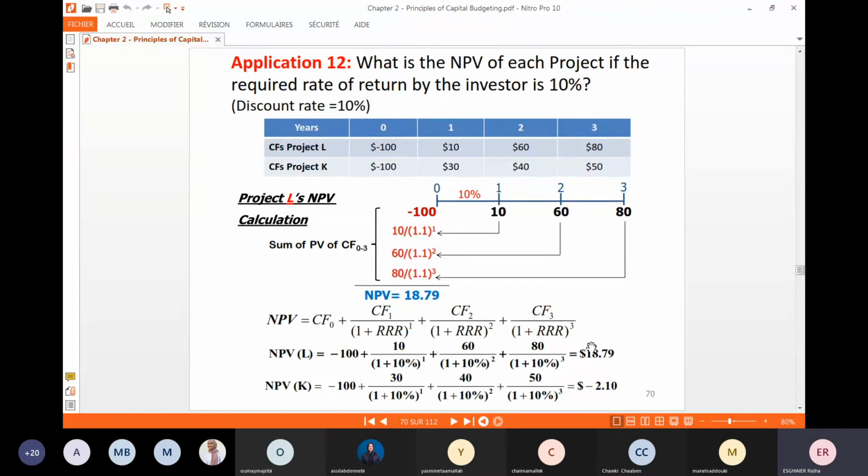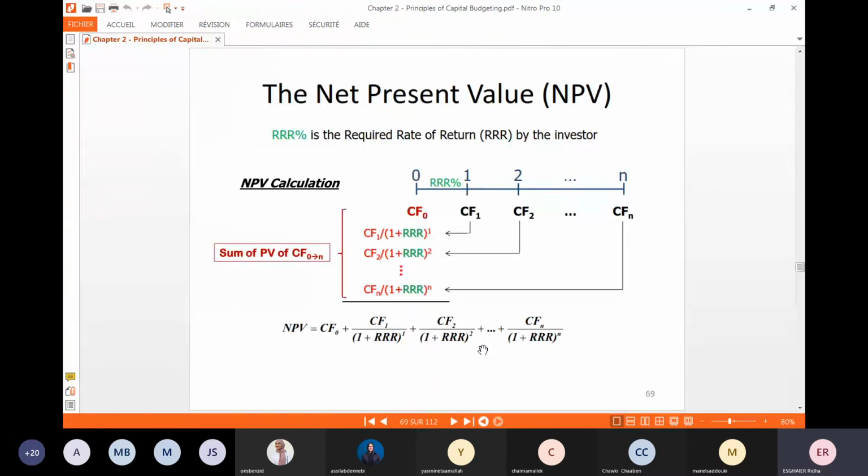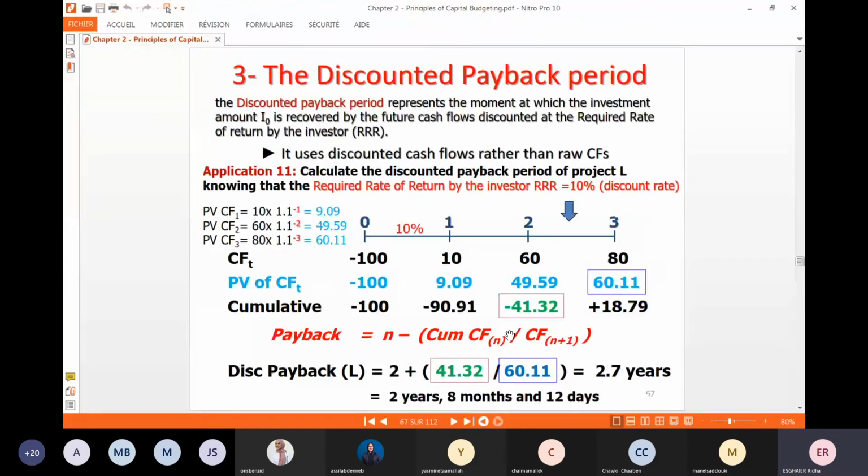This NPV, you found it to be $18.79 million. NPV when we take into consideration cash flows 1, 2, 3, all the cash flows for project L, we discount them and we subtract the initial investment. Where do you find it? Here. When you go back to the discounted payback, 18.79 is the last cumulative cash flow.